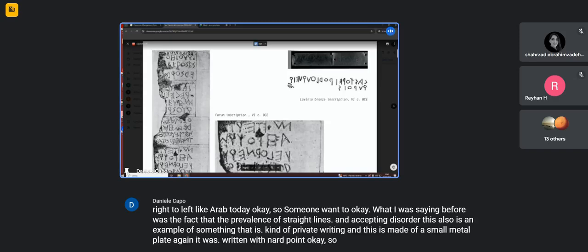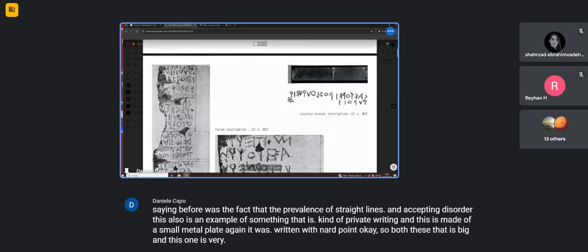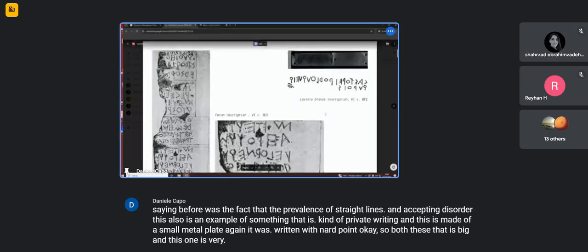So both this one that is big and this one that is very little are examples of writing on hard materials.